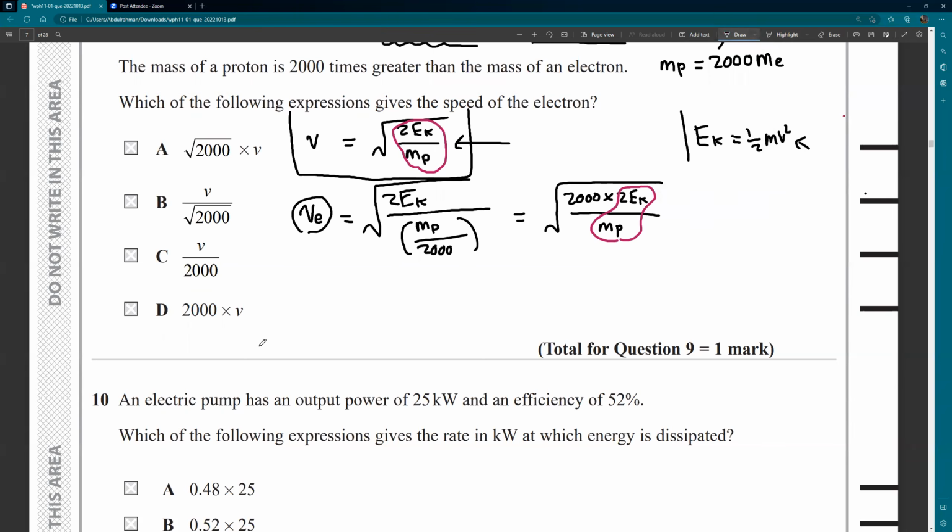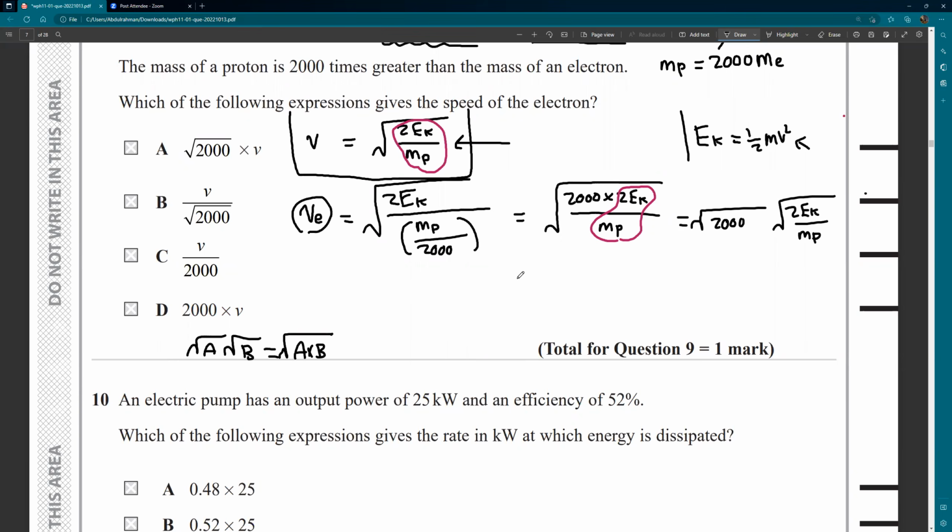So I'm going to use the surd rule now, which is square root a multiplied by square root b is equal to square root a times b. I'm going to use this rule to simplify this. So I split it into square root 2000, that's basically your a, and your b is the square root of 2EK over MP.